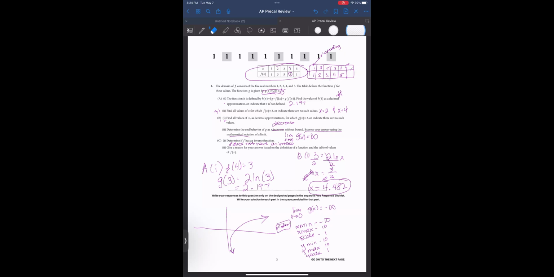So I'm going to erase that so I can write in the correct answer, which is going to be: there are output values of f that are not mapped from unique input values.